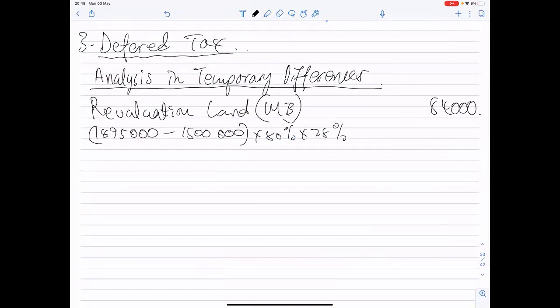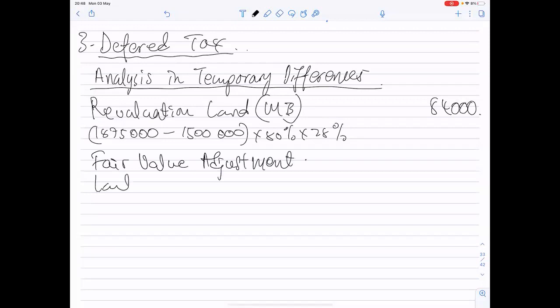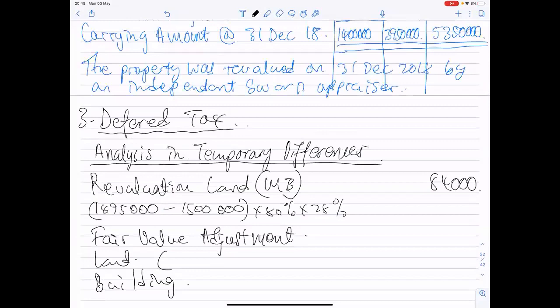Okay. Then we also have another revaluation for investment property before we go to the accelerated tax allowances, the amounts that are allowed to be deducted by SARS. So we've got the fair value adjustment of the land and the fair value adjustment of the building. So let's start with the land. It is very easy for the land.